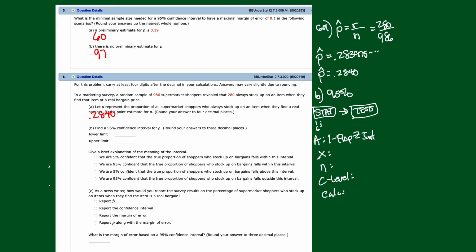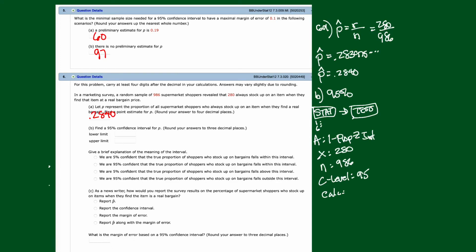So we'll select A. A is asking us for X. Now X is the R, that's the number that you observe. And for us it was 280, all right, so we're going to put in a 280. N is the 986. The confidence level is 95%, so put in 95 or 0.95 and calculate.